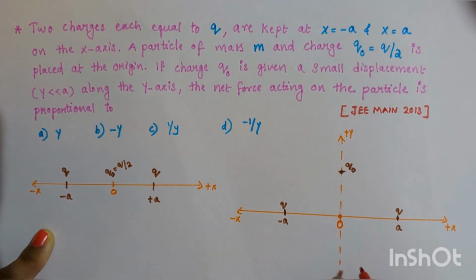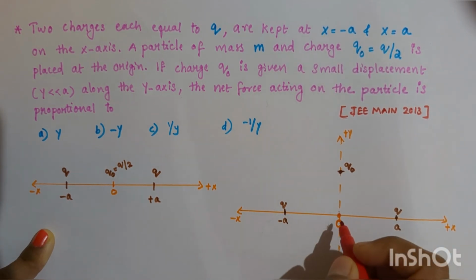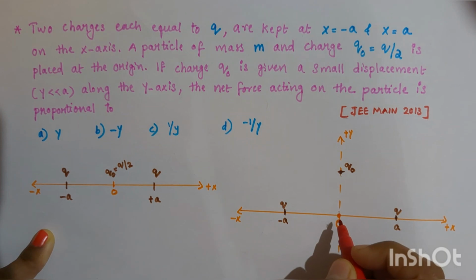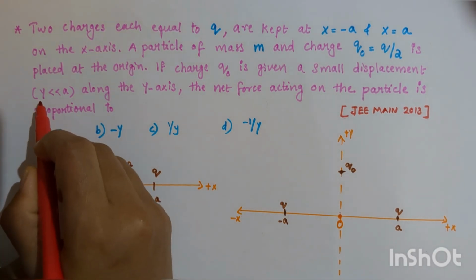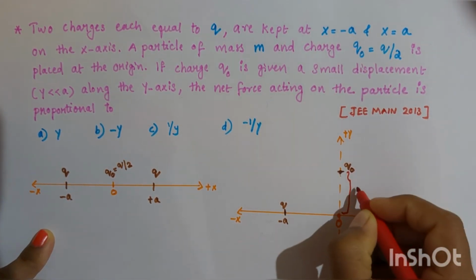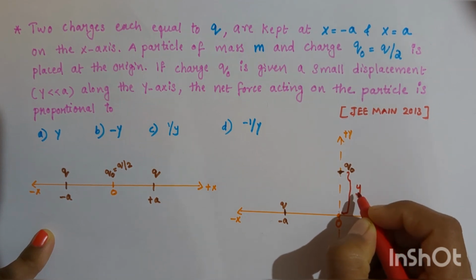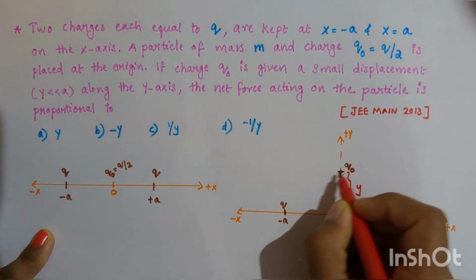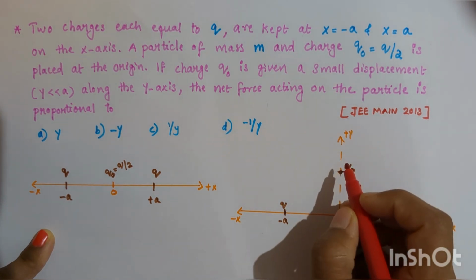This is the positive y-axis and the down one is the negative y direction. So the charge q0, which was initially at the origin, now has a small displacement y along the positive y direction.